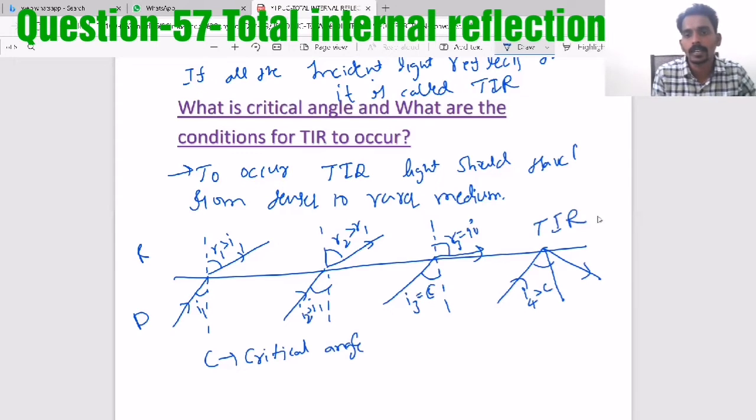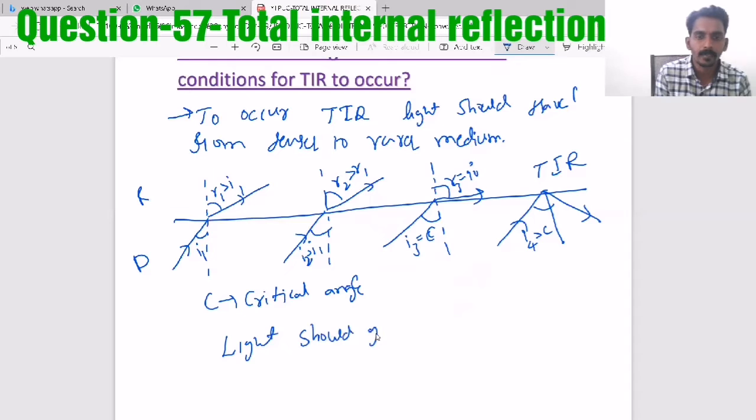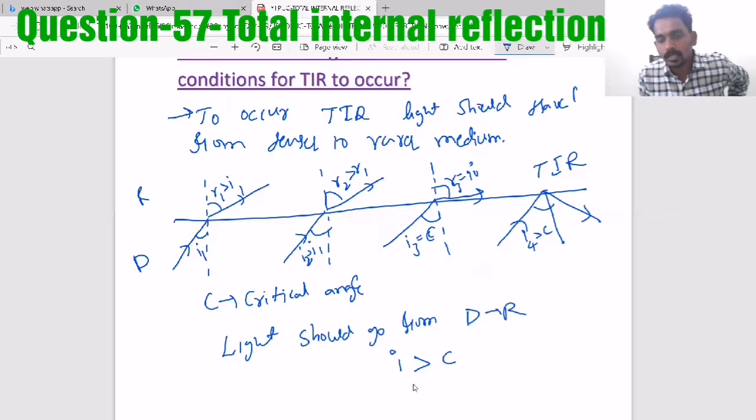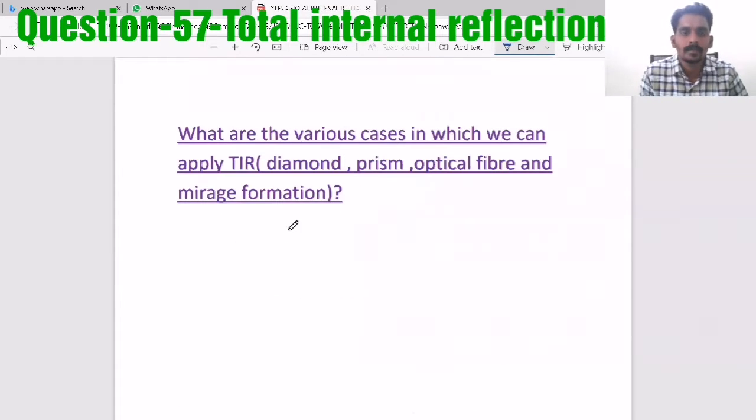That is called total internal reflection. That means the condition is light should go from denser to rarer, and angle of incidence should be greater than or equal to critical angle. Then only total internal reflection takes place. This is the definition of critical angle and condition for total internal reflection to occur.